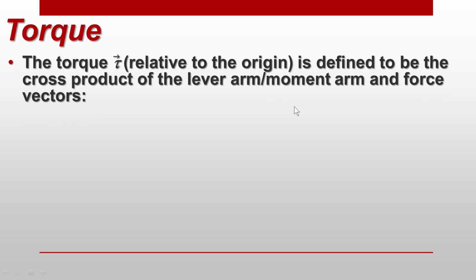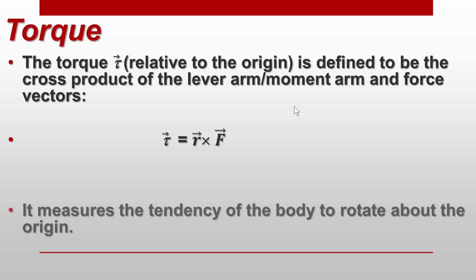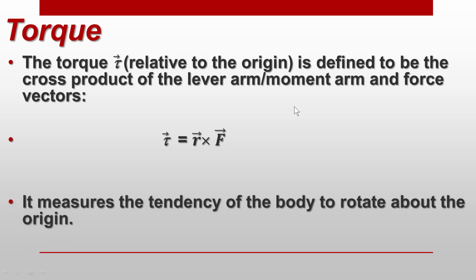The torque relative to the origin is defined to be the cross product of the lever arm, or moment arm, and the force vectors. So now we can define torque in other words: it is the cross product between the lever arm and the force, and it measures the tendency of the body to rotate about the origin.